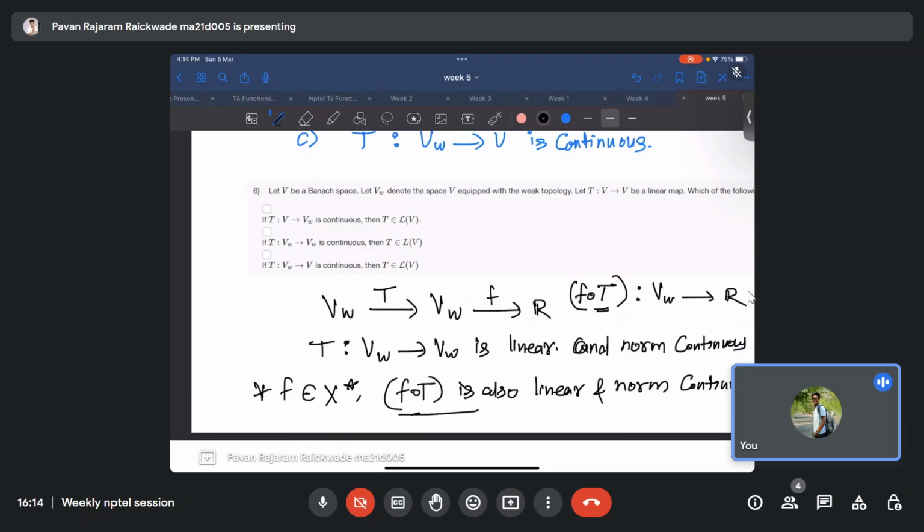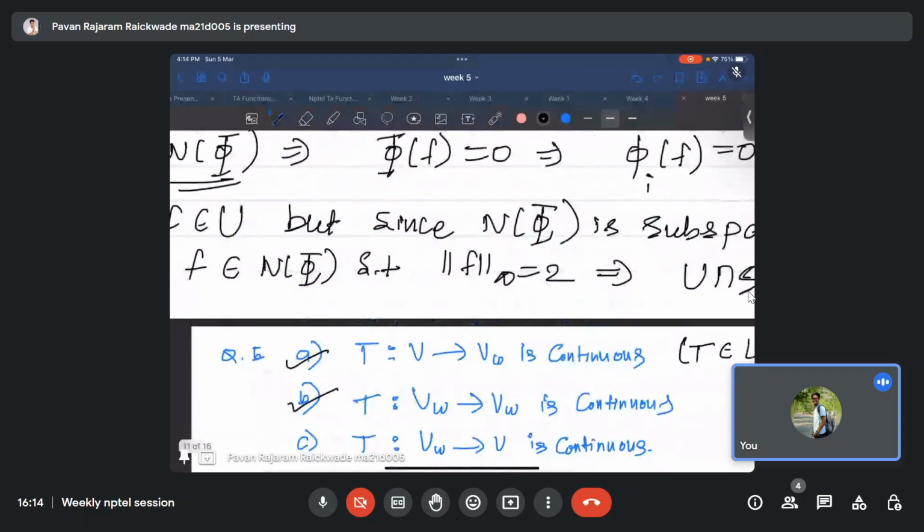So by definition, what is the weak topology on V? It is the least topology such that every norm-continuous linear functional is continuous, right? Because F composite T is itself a norm-continuous linear functional, F composite T is continuous for all F belongs to X star. So by the previous lemma, it follows that T is also continuous from VW to VW. Okay, this follows from this lemma.